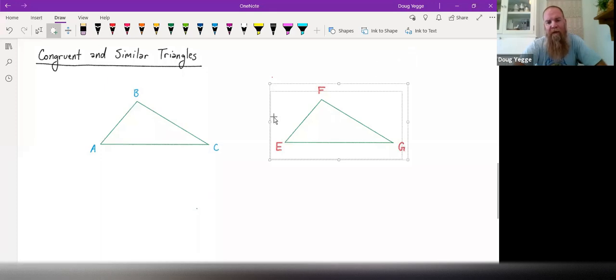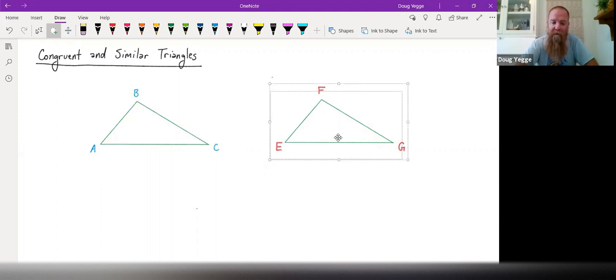Now, if we're given two different triangles, in this case, we're given triangle ABC and triangle EFG. If two triangles have the exact same angles and the exact same lengths of the sides, then those two triangles are considered congruent.